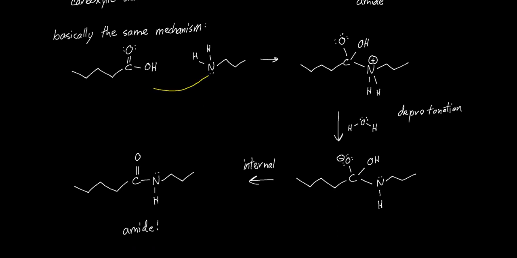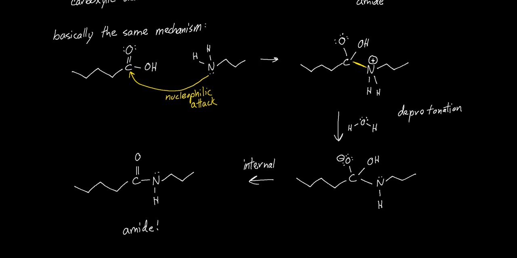The amine nitrogen acts as a nucleophile. And we define nucleophiles as Lewis bases, essentially, electron pair donors that form bonds. So the result of that arrow is this new bond.